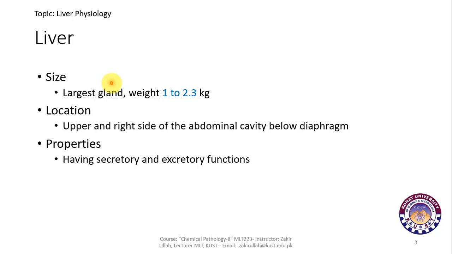It is the largest gland because it produces most of the enzymes and most of the proteins, which are important for the production of different types of hormones and the different biochemical products, which are transferred from one place to another place by these proteins. Therefore, it is called the largest gland of the body, and this liver is located on the upper and right side of the abdominal cavity, just below the diaphragm.